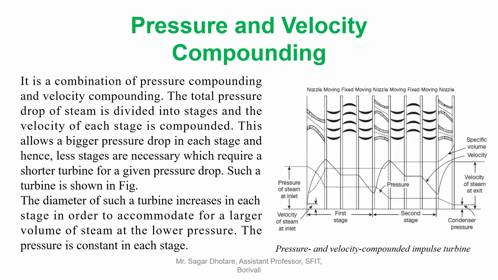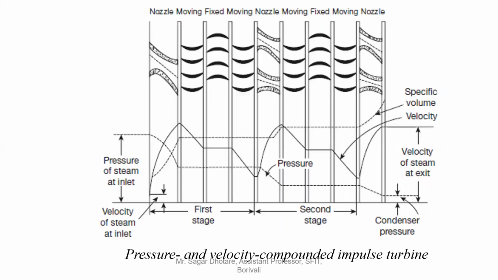As it results in a bigger pressure drop in each stage, it requires fewer stages and is a more compact turbine as compared to the previous one. It is rarely used now because it has very low efficiency. You can see the combination properly.